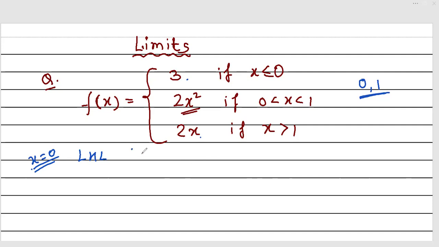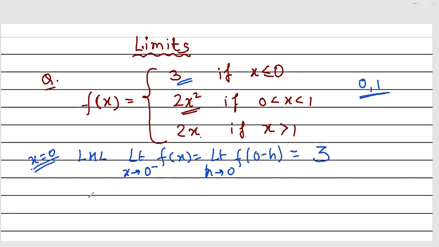Left hand limit means we have to take limit x tends to 0 from left hand side. This can be written as limit h tends to 0, f of 0 minus h. Now as per this piecewise function, whenever x is less than 0, we have to take 3. So we will simply write 3 here. No need to put h because it is independent of h. So left hand limit for x is equal to 0 is 3.